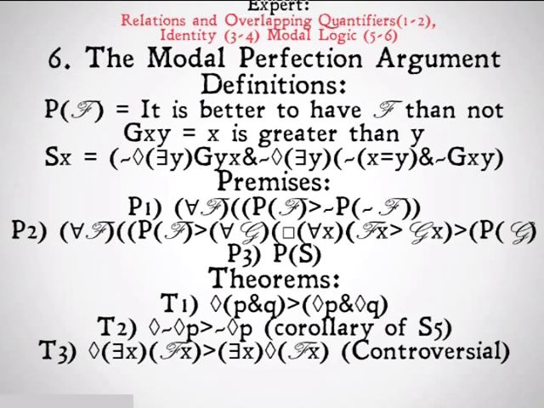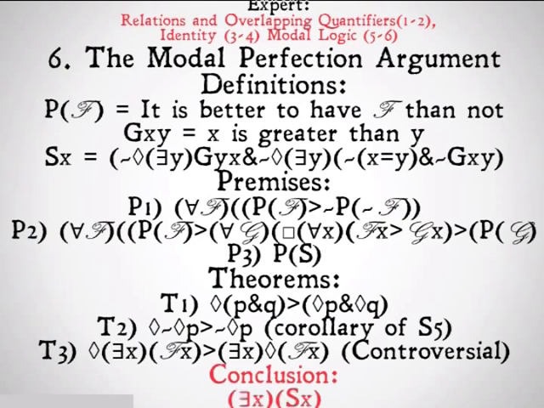Quine doesn't even think it makes sense to have these two concepts in the same grouping. There's people that disagree with him, and there's people that have different versions of this. The rule that you'll need to use for the modal perfection argument goes as follows. It's possible that there exists an x such that x is F implies that there exists an x such that it's possible that x is F. Like I said, it's controversial.